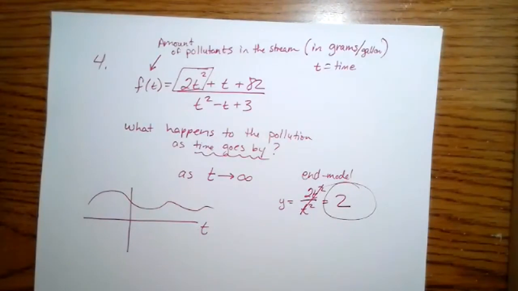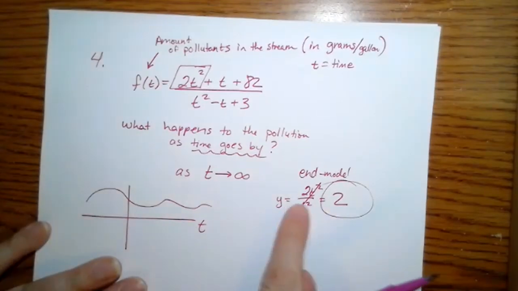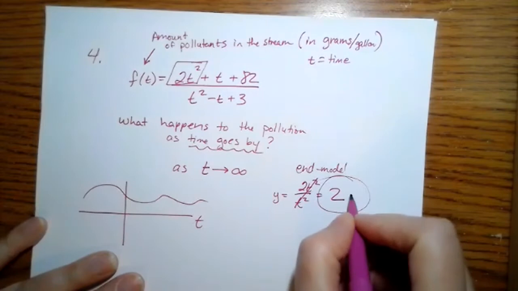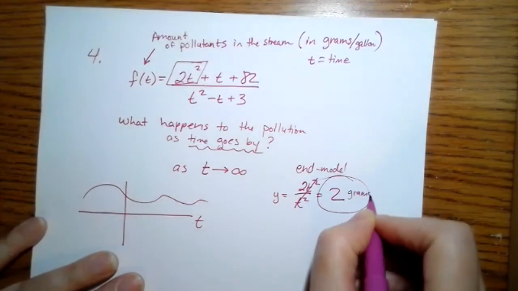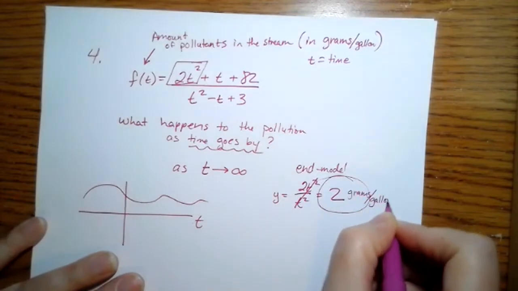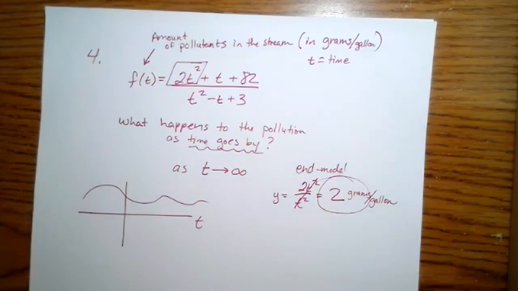So I can imagine they're taking samples. They take a gallon of that water in the stream and they measure how much of that water is pollutant. They weigh the pollutants. And as time goes on and on and on, remember this is a Y value. Your end model is what Y is doing. So this is 2 grams per gallon of water.